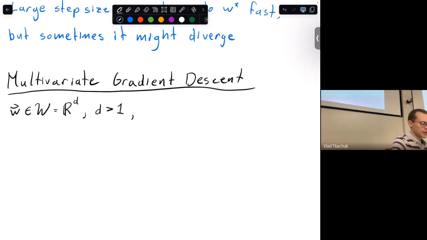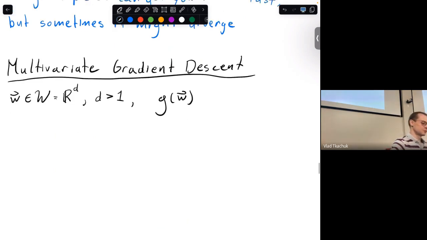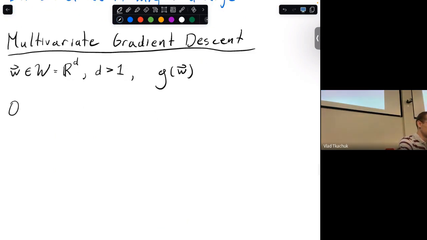Remember, our G function is now a function of this W vector. What's our new objective? It's the same objective as before, which is to find W star.